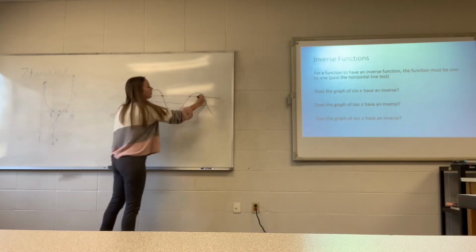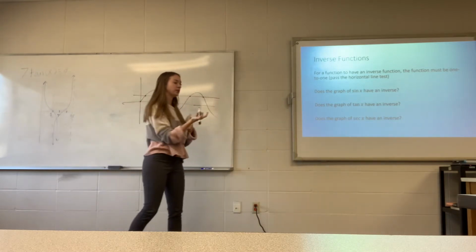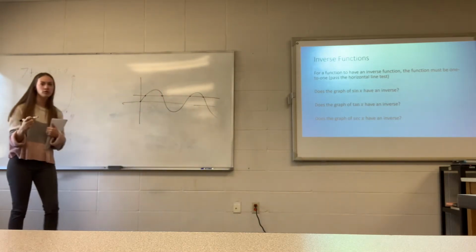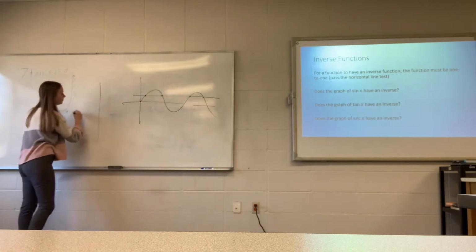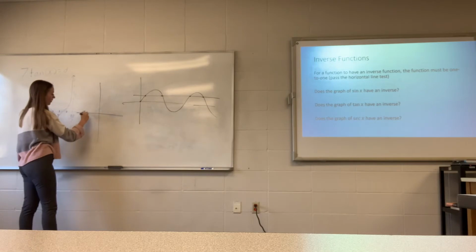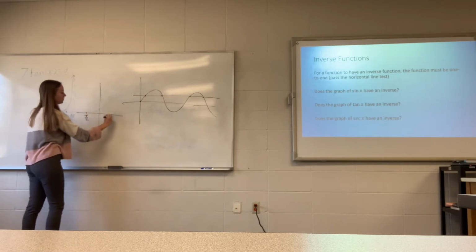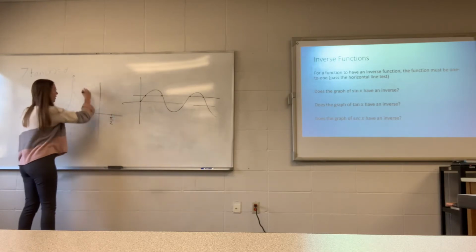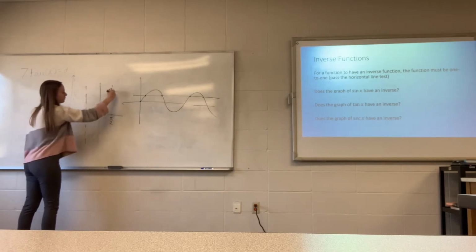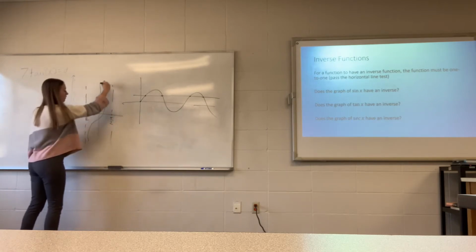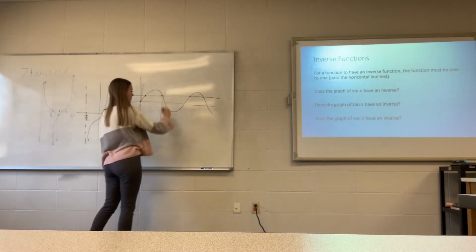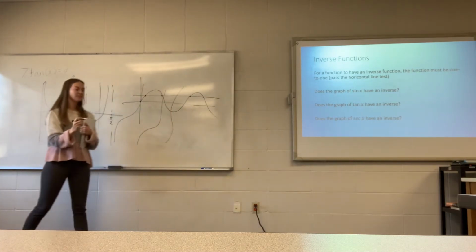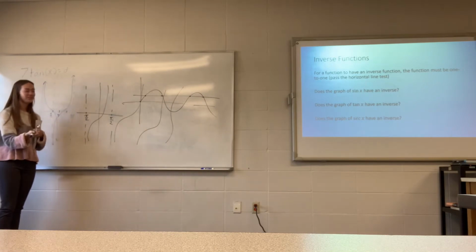What about a tangent graph, will that pass a horizontal line test? Well, let's think about it. Tangent goes from negative pi over 2 to pi over 2, and I have these asymptotes. Then doesn't it keep going? I have all these tangent graphs, so nothing passes the one-to-one.